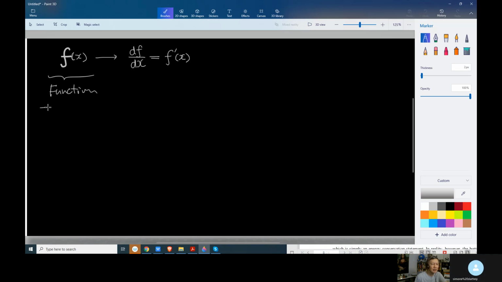The function is a dependent variable, in this case f, which is dependent on an independent variable.